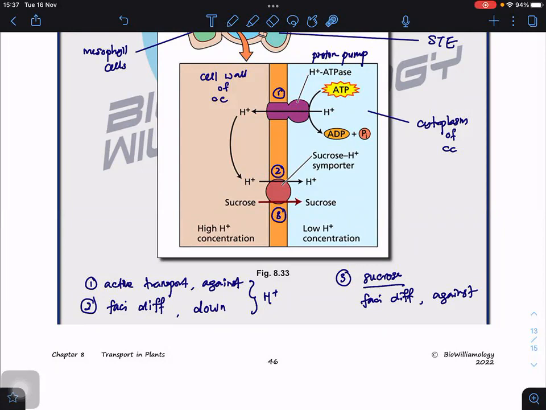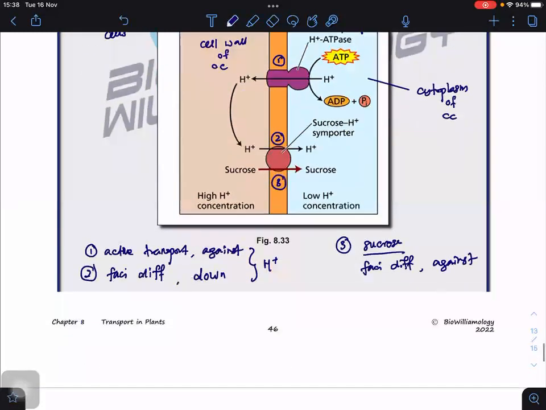But now someone actually brings you in, so you can enter many, many times because you depend on someone, not on the money. In this case, sucrose depends on the proton. As long as we have the proton, sucrose will be able to enter into the cytoplasm of the companion cell continuously. So at the end, it achieves movement against the concentration gradient. Are you clear? So the whole process is actually indirect active transport.